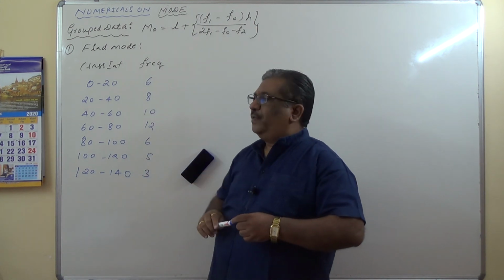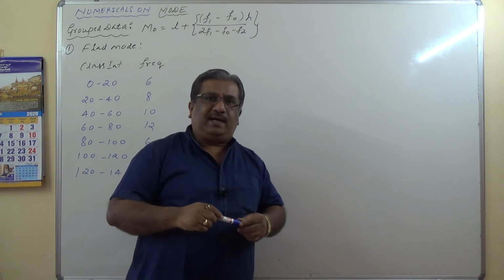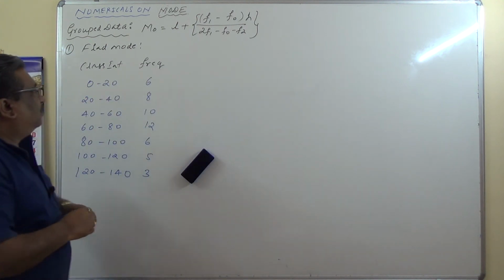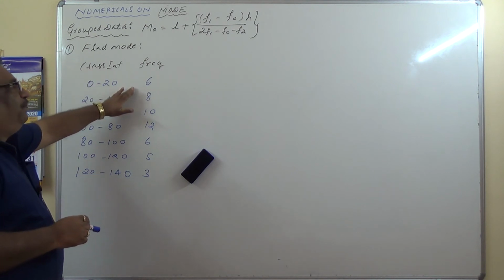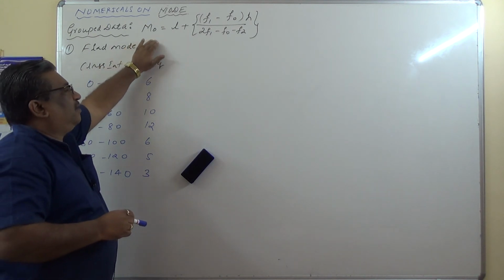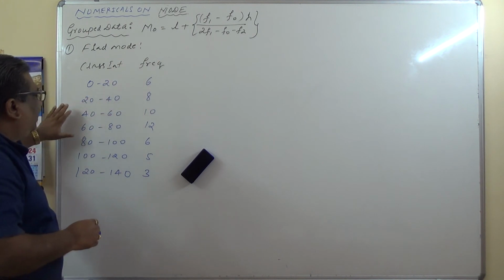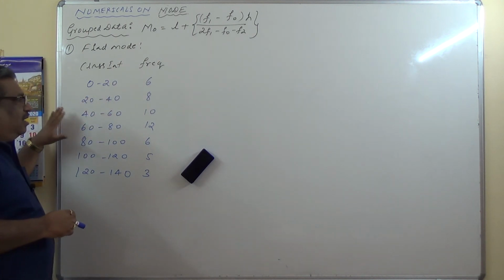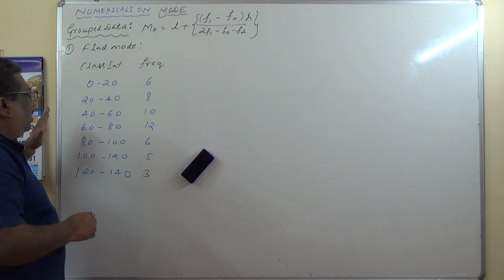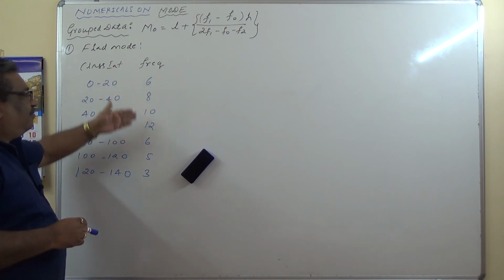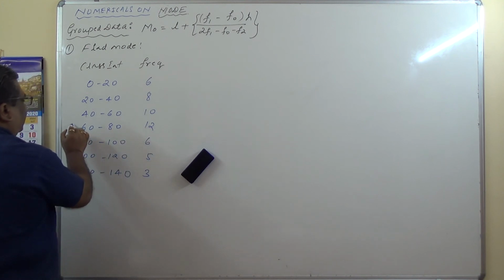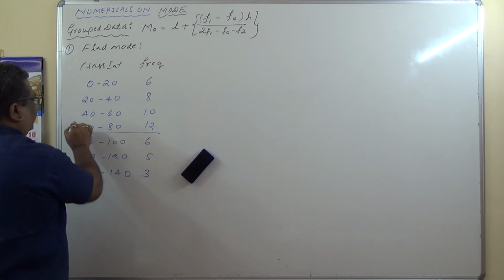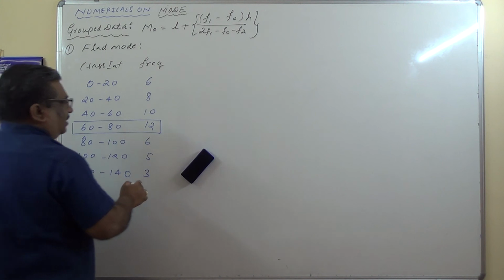What is mode? Mode is the most frequently occurring observation. So given two columns are class interval and frequency. The formula for grouped data is already written. First we need to identify the modal class. Modal class is the one which has maximum frequency, and therefore here, 12 is the maximum frequency, so I will mark this as the modal class.